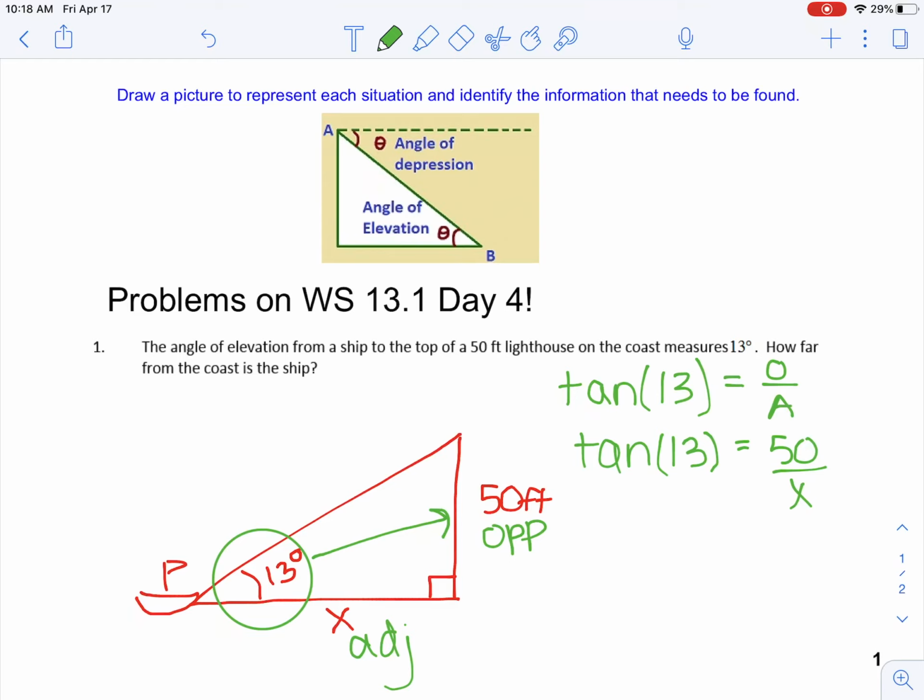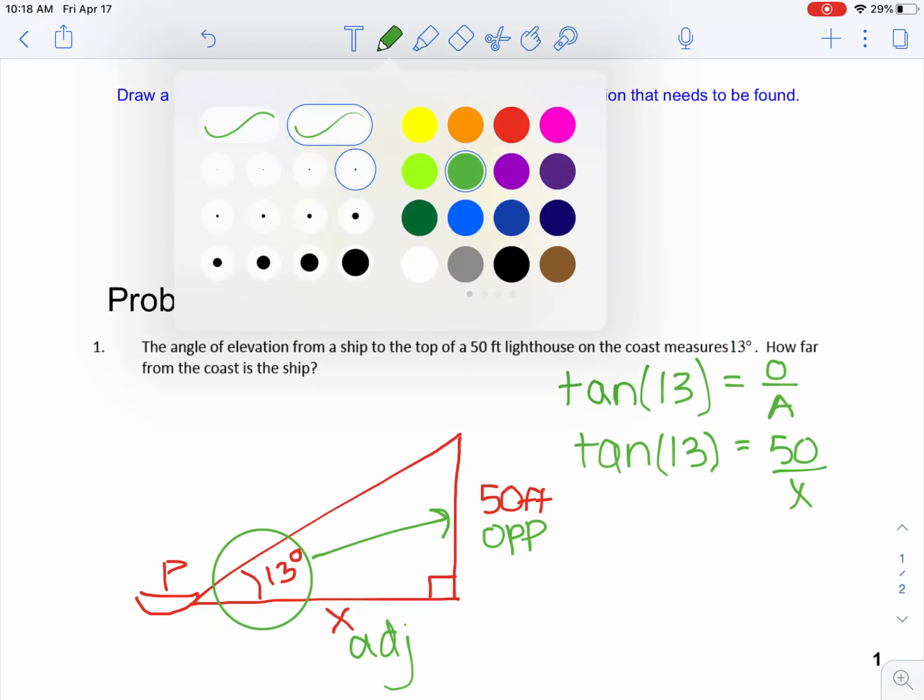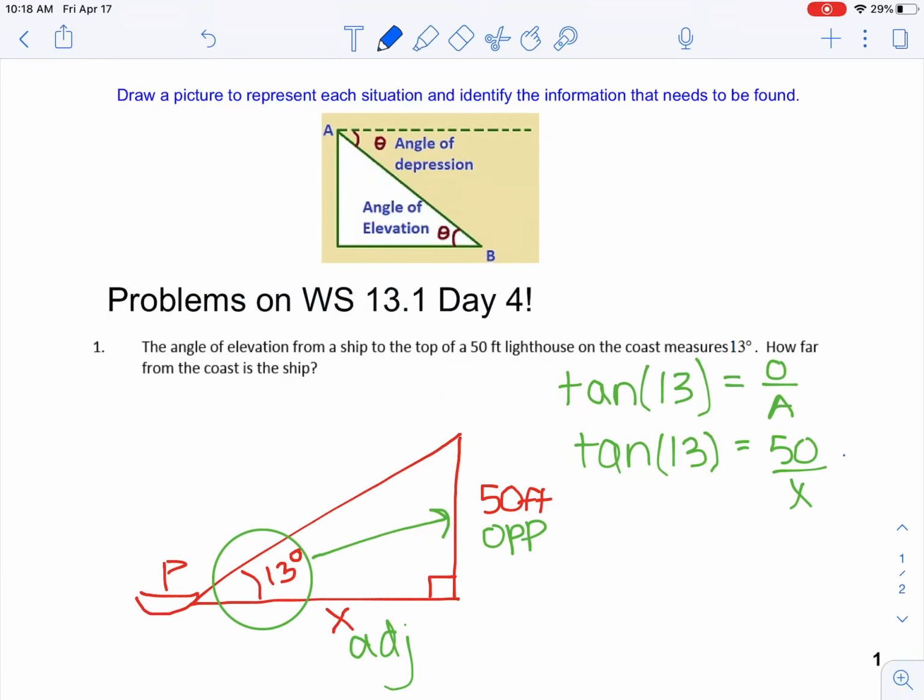Now we're going to solve to get x by itself. So we'll start by multiplying both sides by x. Now we have x times the tangent of 13 equals 50.